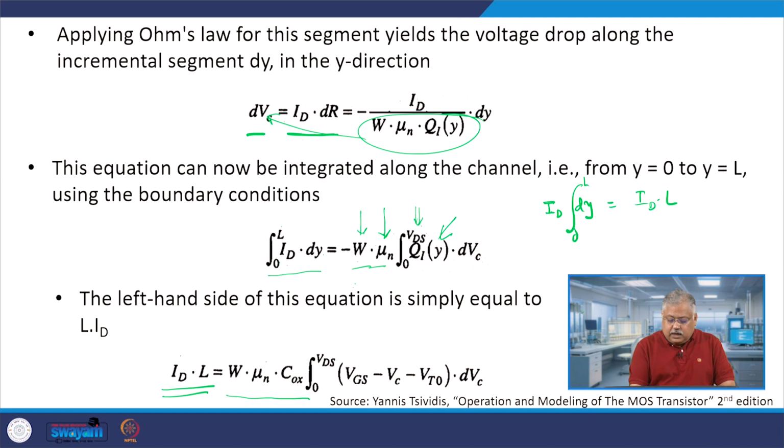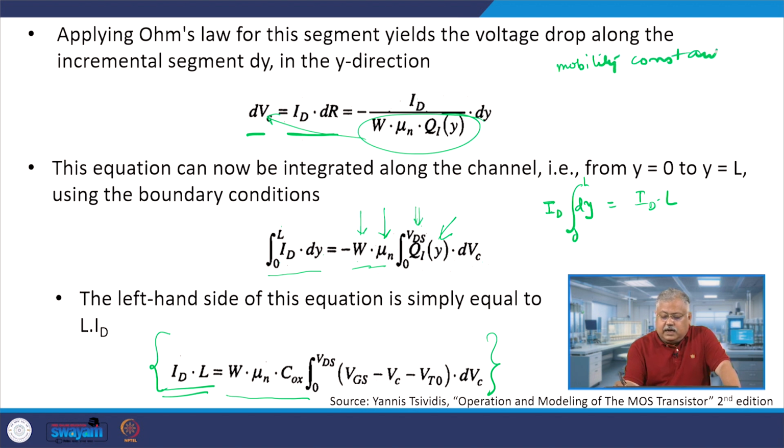Once you do that, I end up with this equation, and you can now take L in the denominator, and I get W into mu n into Cox. Please understand, now I have removed the minus sign, and I am assuming the absolute value of current to be true. One more thing I should point out at this stage is that I am considering the mobility to be constant.